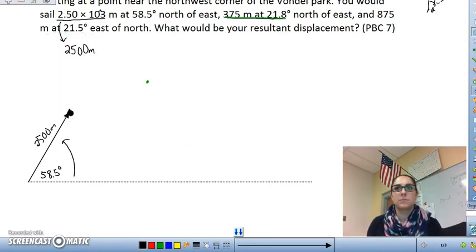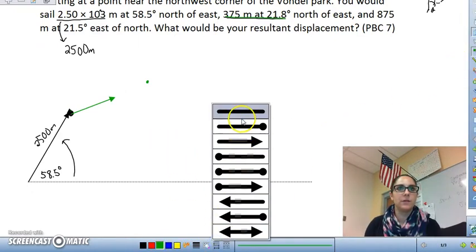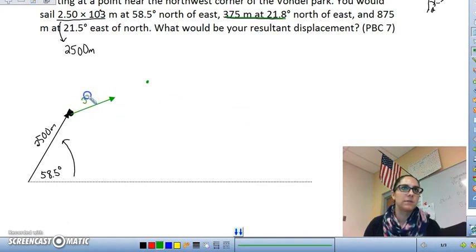So I'm going to do that. Actually, let's do it in this way, but I'm just going to make it smaller. There we go. So that's our 375. And the angle is right here, 21.8. So 22-ish. So that's roughly where we are with that one.